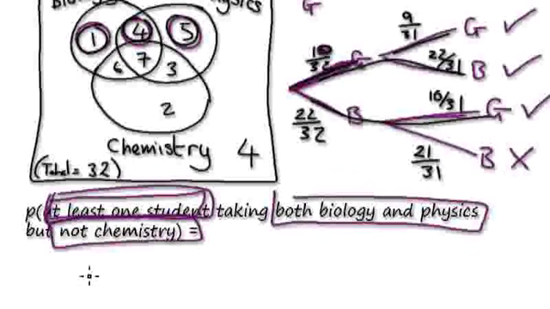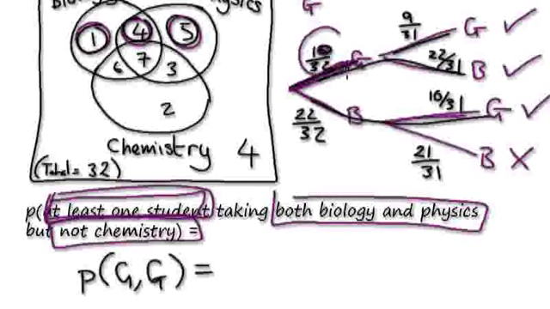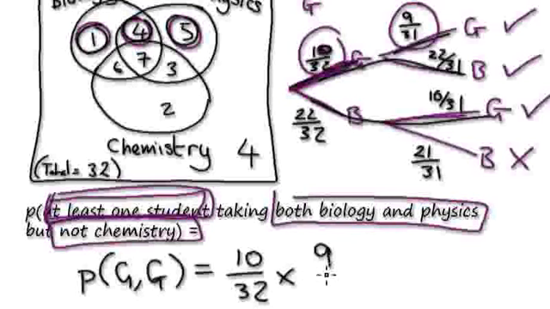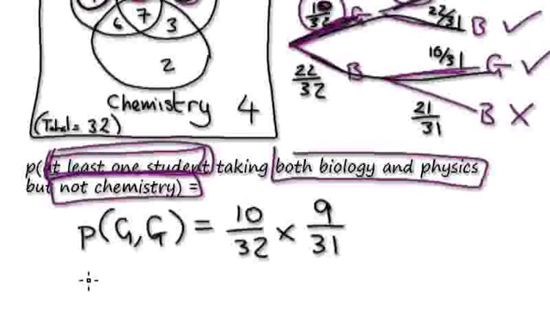So we are interested in the probability of, let's say, good and good, which equals, well, we need this and this. So we need 10 over 32 times 9 over 31. Then the second branch which we're interested in would be good and bad.